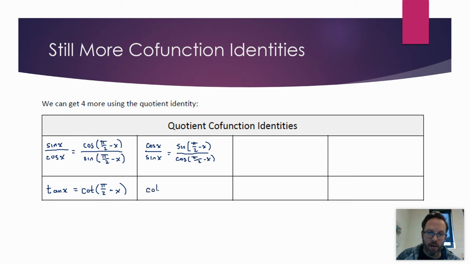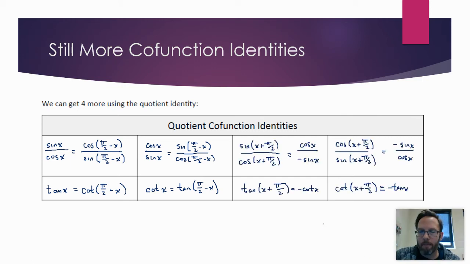The cotan of an angle x is equal to the tangent of pi by 2 minus x. And we're going to do the same thing for our remaining two. So I might have you guys try the next two, and I'll pause the video, and then I'll have them ready. And then you can either tweak what you had or confirm what you had. So I'll see you guys in a moment.